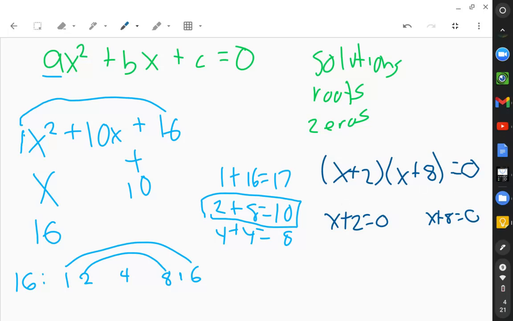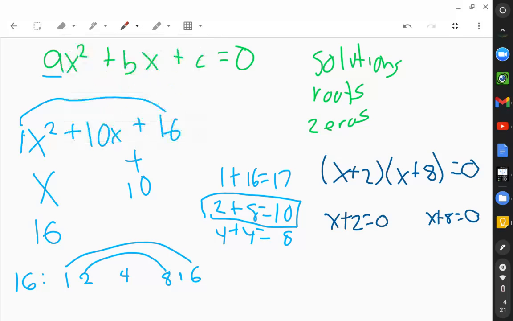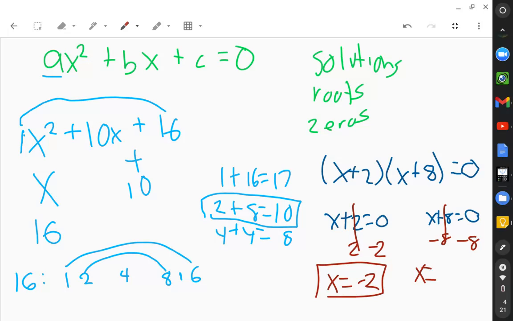So it could be either of these two possible solutions. For x plus 2 equal to 0, I'm going to subtract 2 from both sides, and that should give me x equals negative 2. And if I subtract 8 on both sides for my second binomial, I know that x is going to equal negative 8.